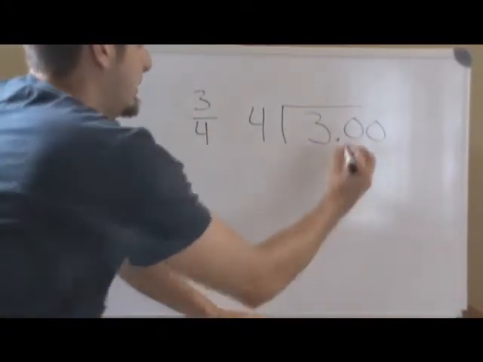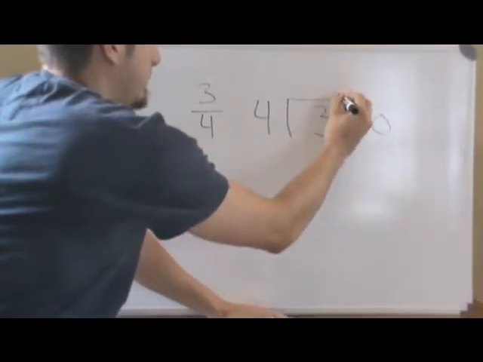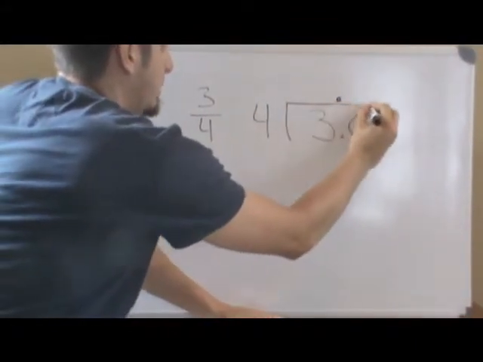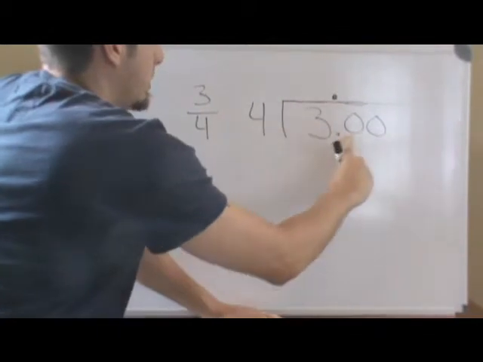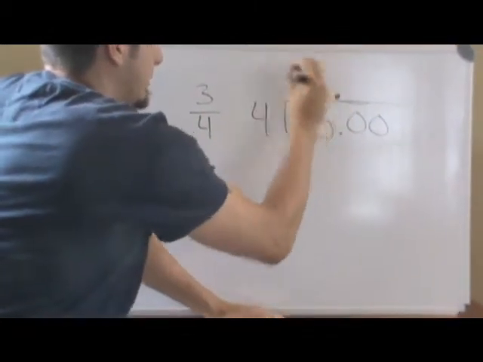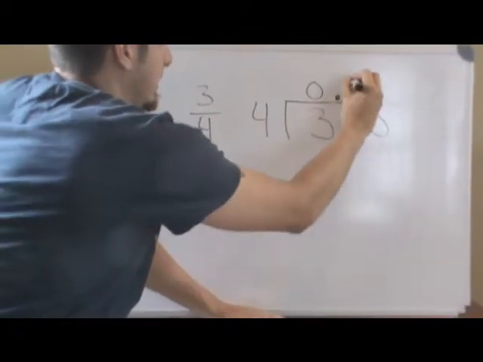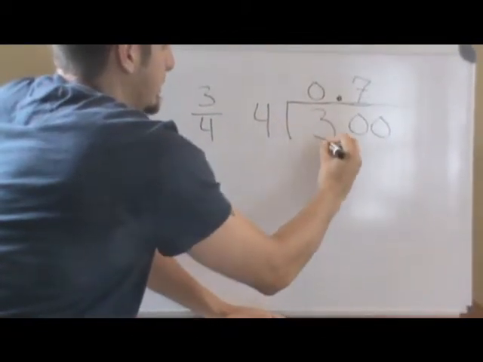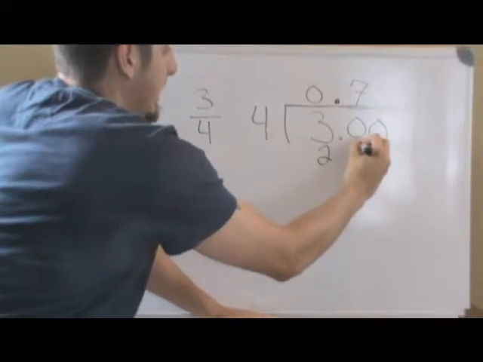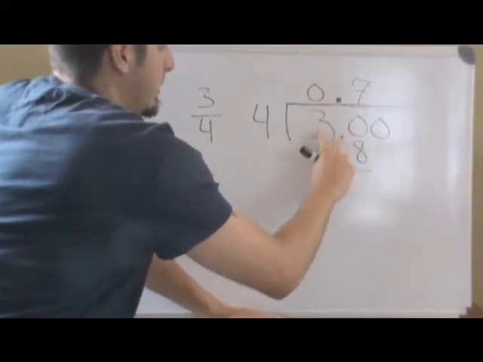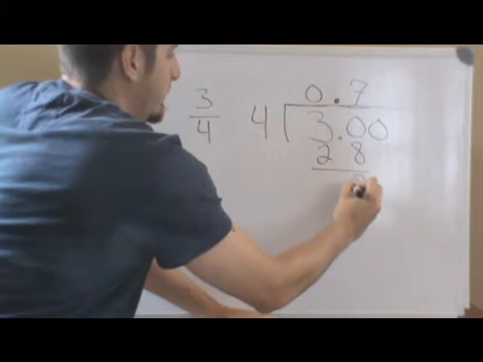So now the decimal goes straight up into my problem, and we can start the division. 4 goes into not 3 0 times, but 4 goes into 30 7 times. And 4 times 7 is 28, and 30 minus 28 is 2.